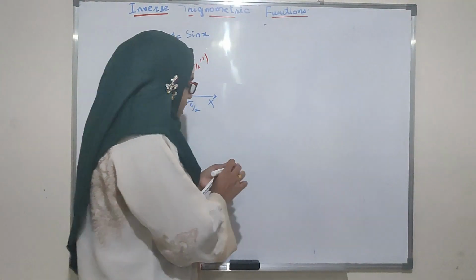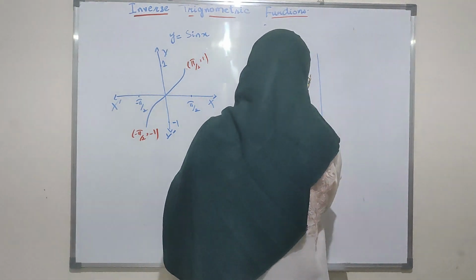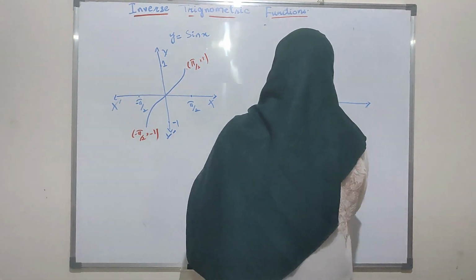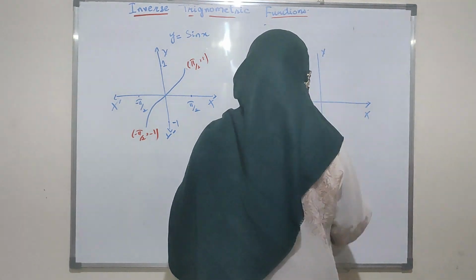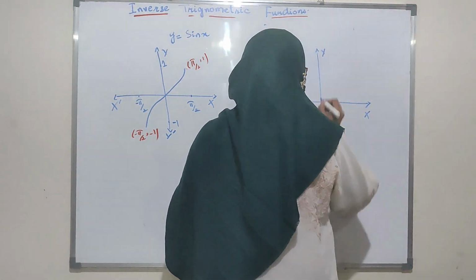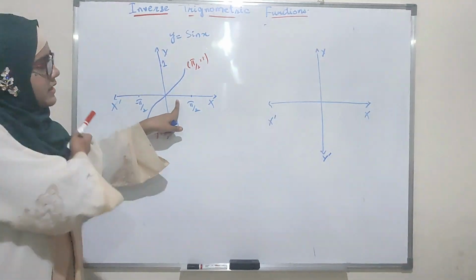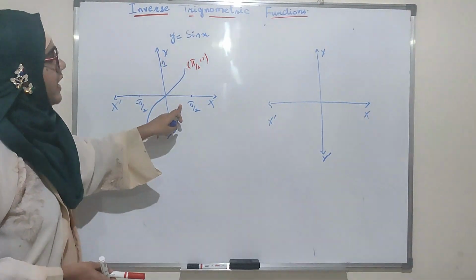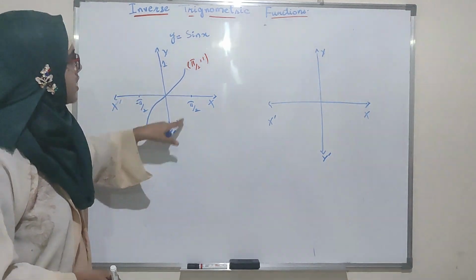Now likewise you can see the graph for sine inverse of x. You can see the points on the x-axis for sine x, and the older points on the y-axis are 1 and minus 1 for sine x.